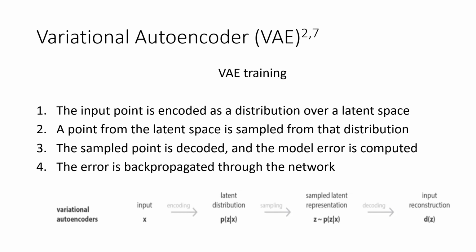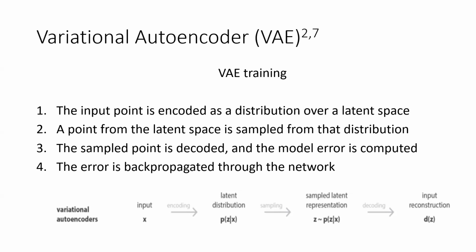That means when we use it as input in order to generate something, it can generate meaningful instances of the same family as the one from the training data. A point from that latent space is sampled from that distribution. The reason is that the encoder learns a distribution, but what we actually need as input is a point, because that's what will be given.